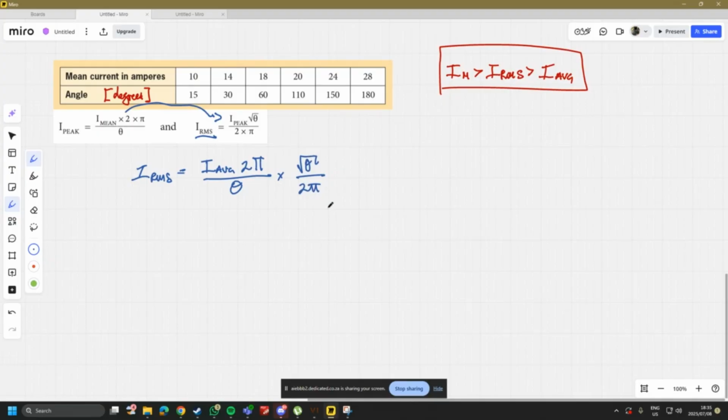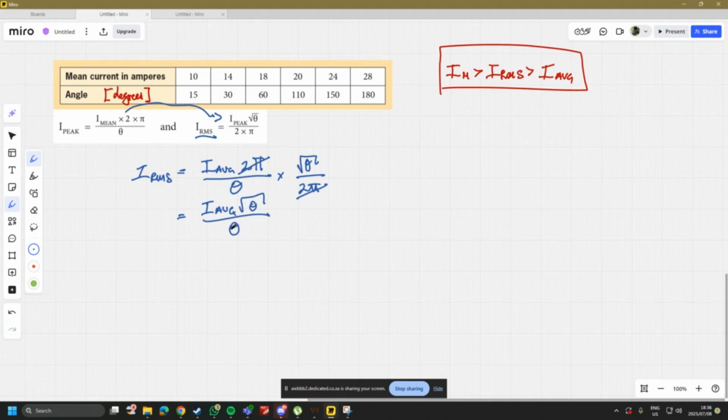I hope you guys can see we have an interesting situation here. So we can take that and that will cancel out. That leaves us with the average times the square root of theta divided by theta.